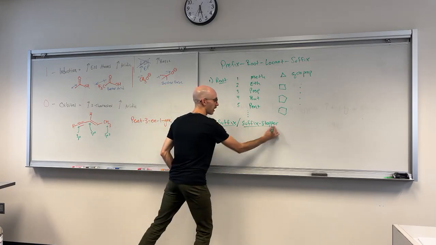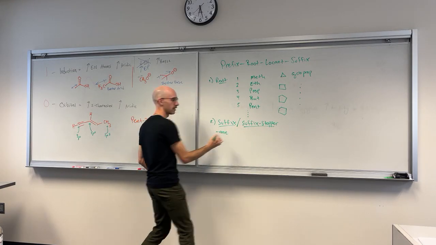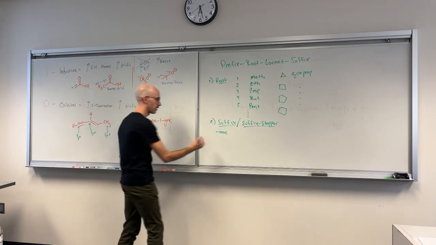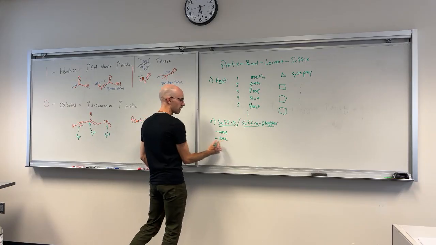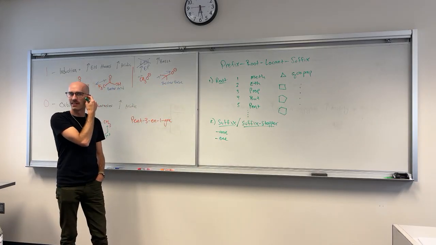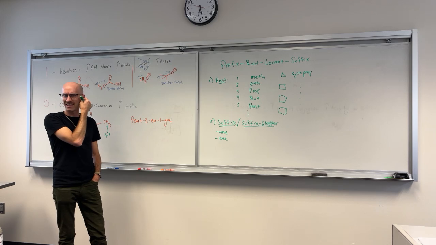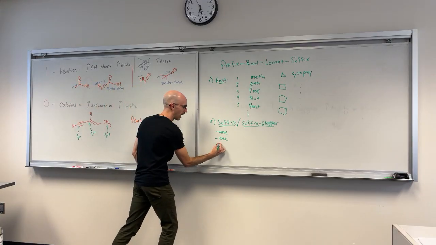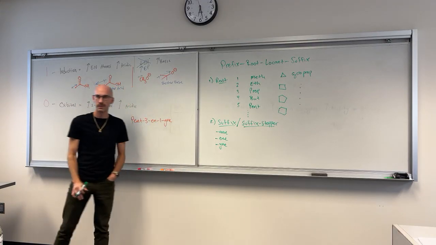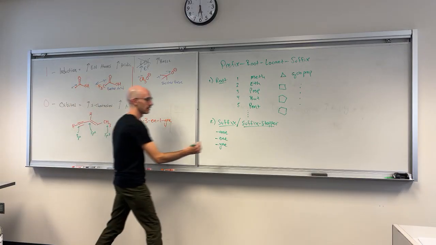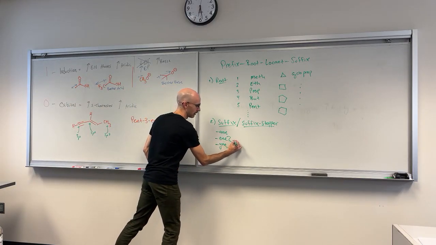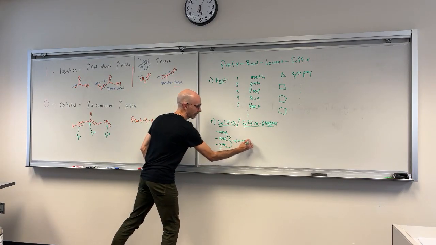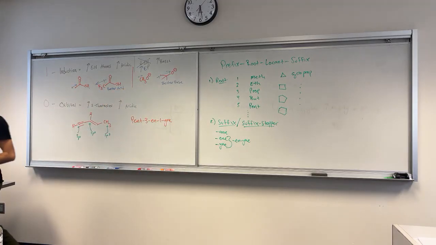So the suffix can be ane for alkane, ene for alkene, yne for alkyne. But the suffix can also combine ene and yne, so you get enyne. I don't speak German, but I feel like I do when I say it.